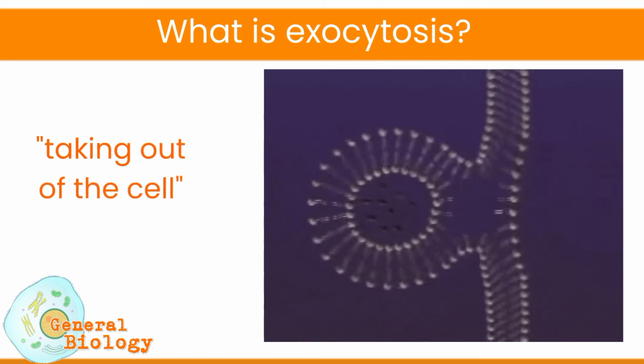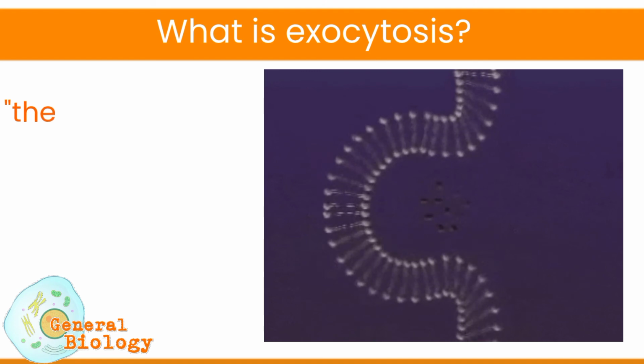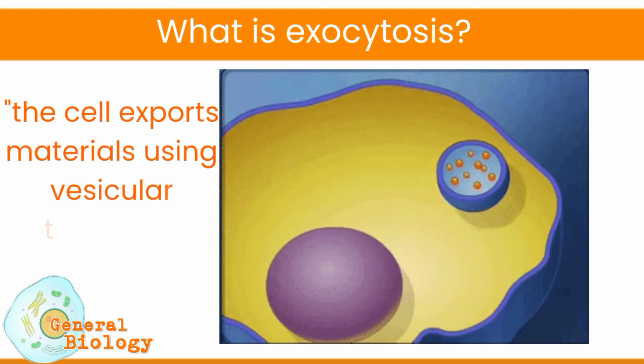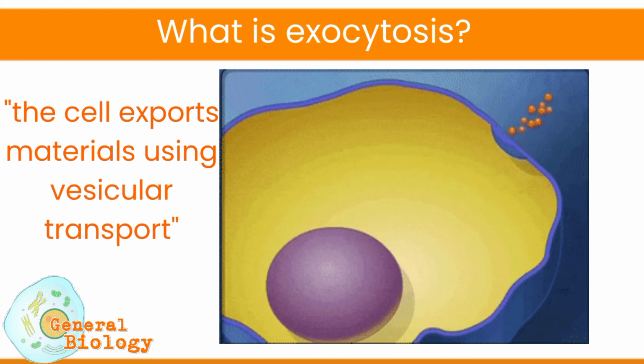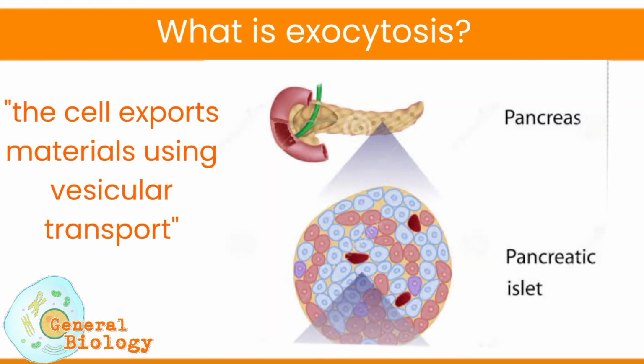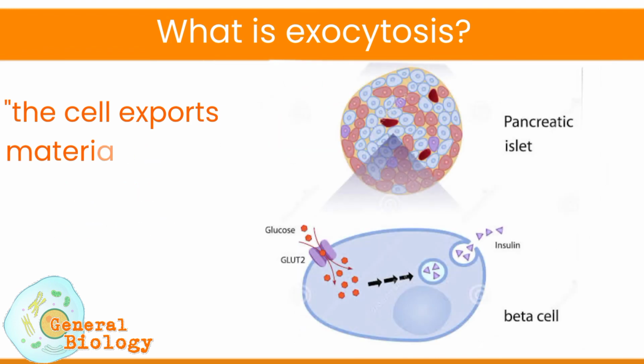Exocytosis is taking out of the cell. It is a process where a cell exports materials using vesicular transport. Cells of the stomach and pancreas produce and secrete digestive enzymes through exocytosis.